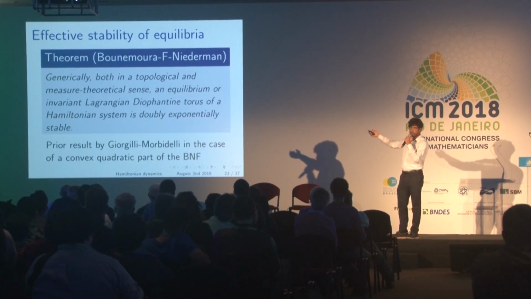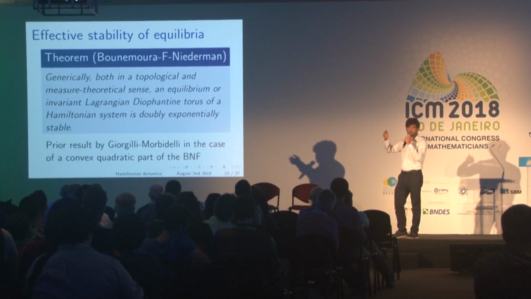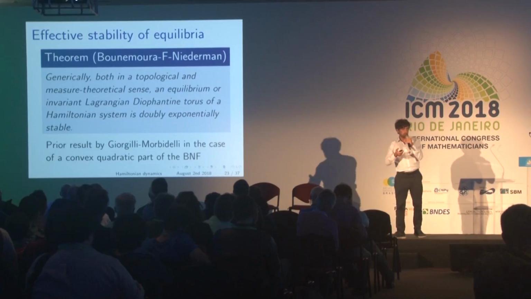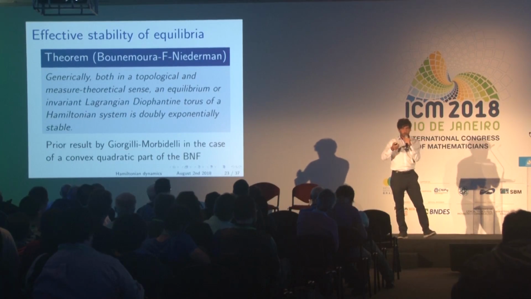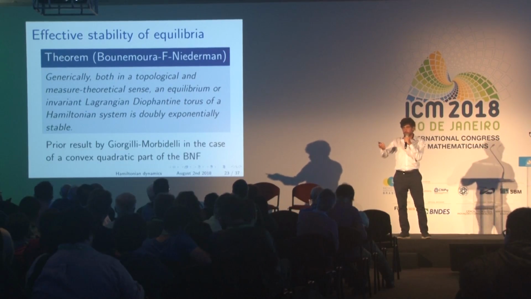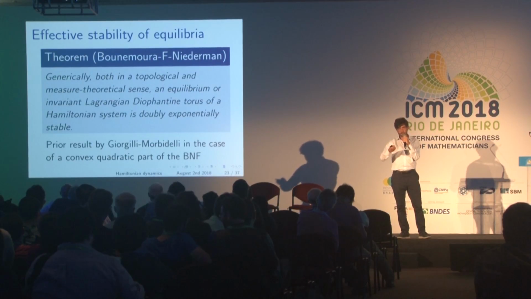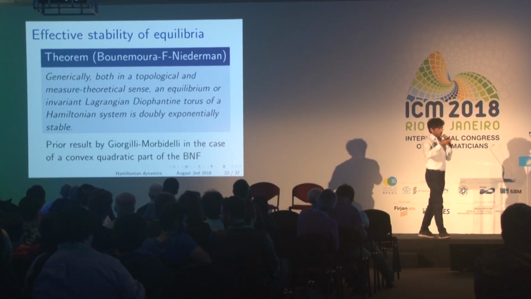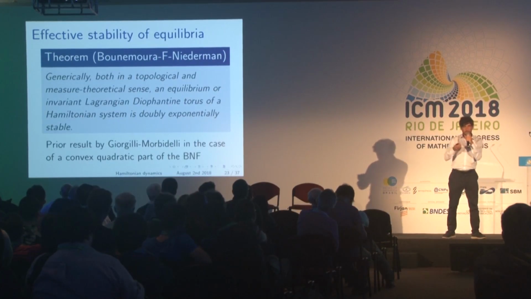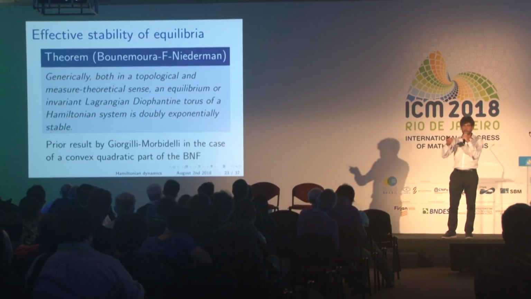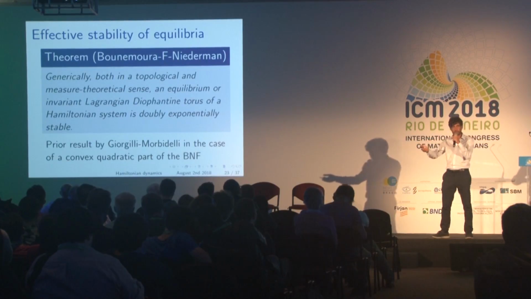So this kind of result can allow us to specify a little bit the Arnold conjecture by saying that now we believe that generically an elliptic fixed point is unstable and actually double exponentially unstable.